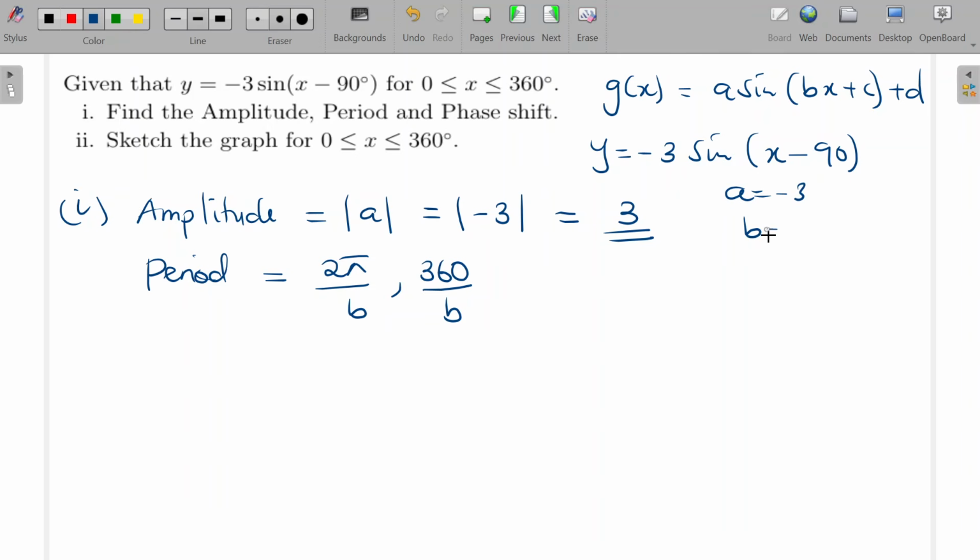Our b is the number that is in front of the x, which is just 1. So our period is going to be 360 over 1, which is equal to 360. So what does the period tell us? The period only tells us how much it's going to move for a complete wave of a trig function.